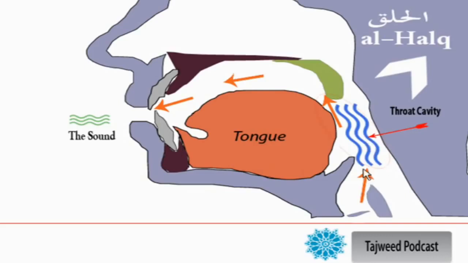This is the way the air comes here and produces this sound by the 2 parts of the body meeting and vibrating, bringing the air flowing and coming out here. So this is the general description of this makhraj. Now we're going to see in the next picture the letters of the makhraj al-halq.